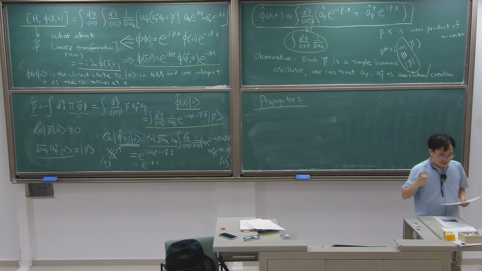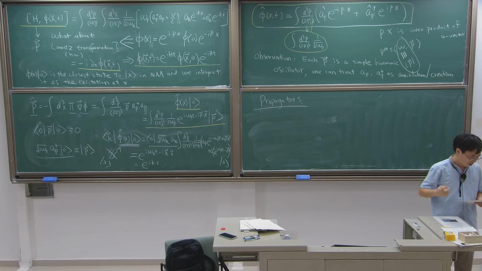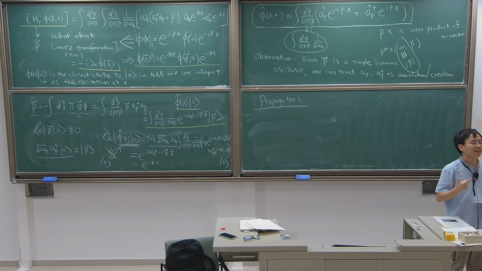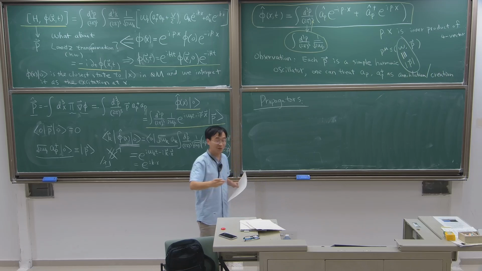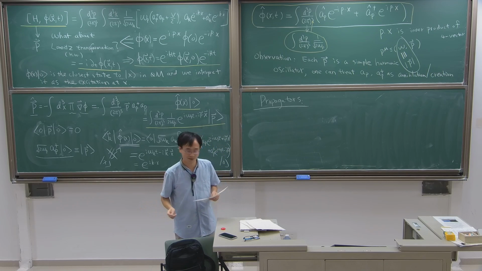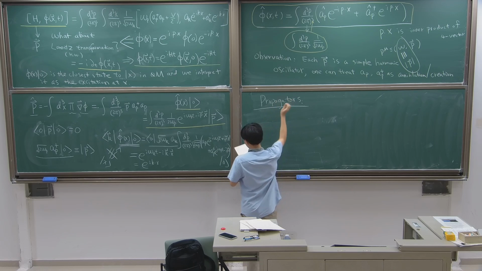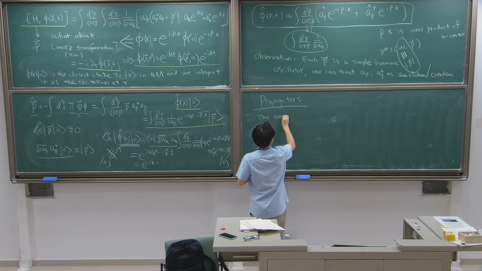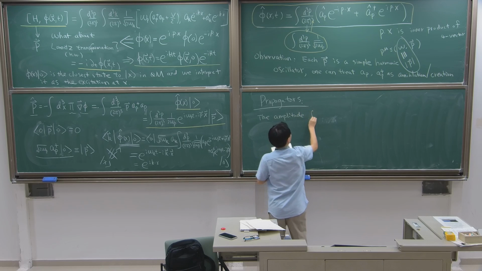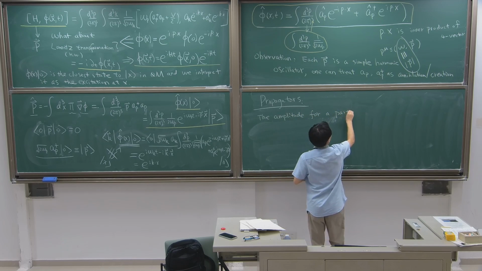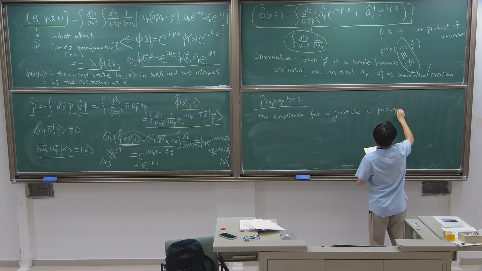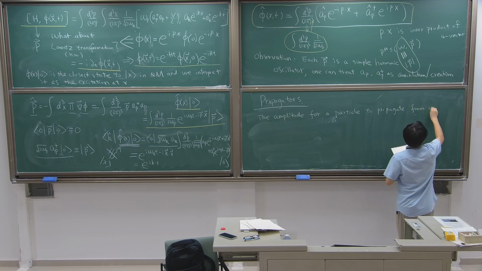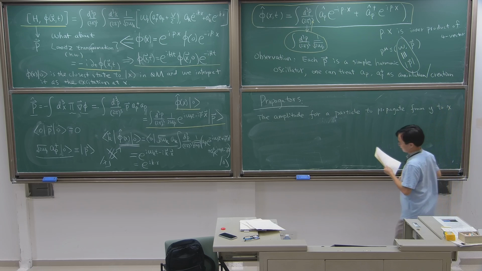The minimal next easiest one will be the so-called, you have 2 phi operators inserted in the ground state, for instance. This kind of object, there are many different types, but they are just called propagators. So what do we mean by propagators? The amplitude for a particle to propagate from, say, position y to another position x.